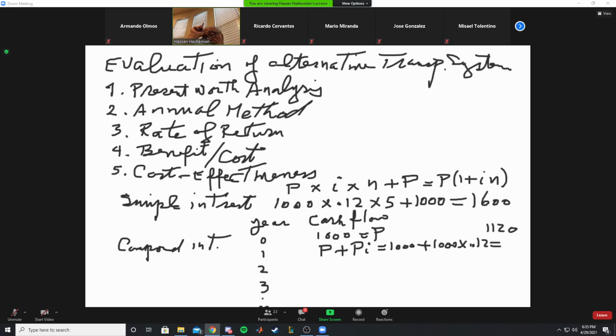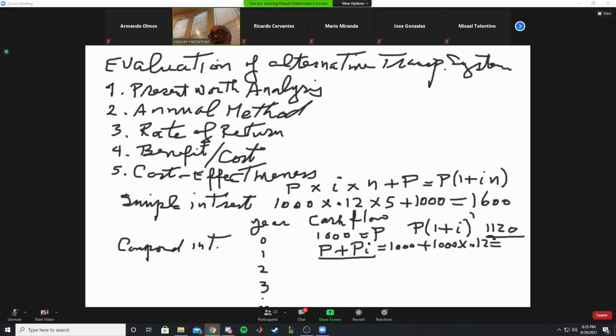How much would you have in year two? Well, in year two, what would be your principal? What we write here, we make this into P and we factor it: 1 plus I to the power of 1. Okay, that's for the first year. The second year, your principal is not 1,000, it's 1,120.